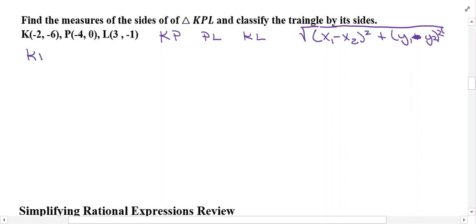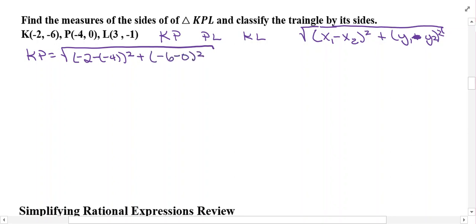Looking for the distance KP, I would take the differences in the x's and square them, plus the differences in the y's and square them. When you're showing your work on any assessment, homework, group assignment, you need to show that step.